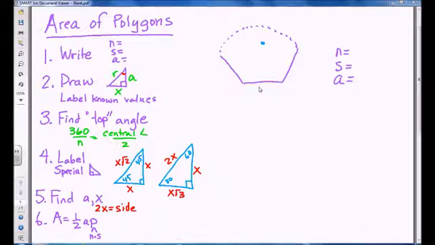And then step 2 says to draw our right triangle. Now it does not matter how many sides our polygon has. All we are interested in is this isosceles triangle made by the radii that go from the center to a vertex, right? The center to a vertex, and the side.